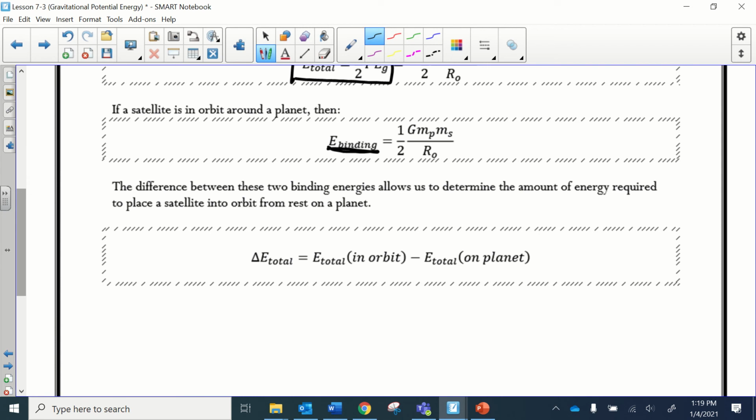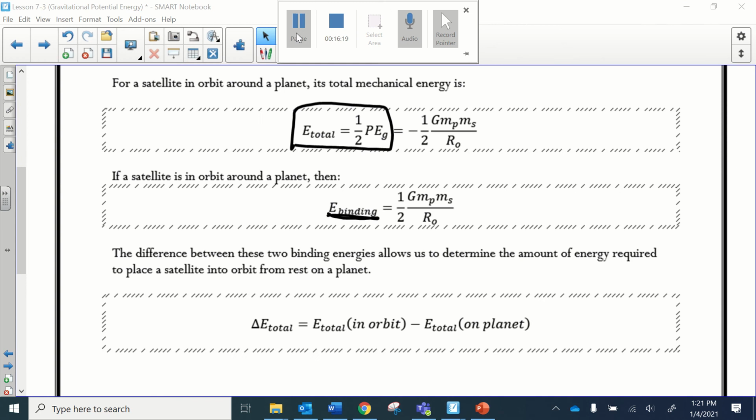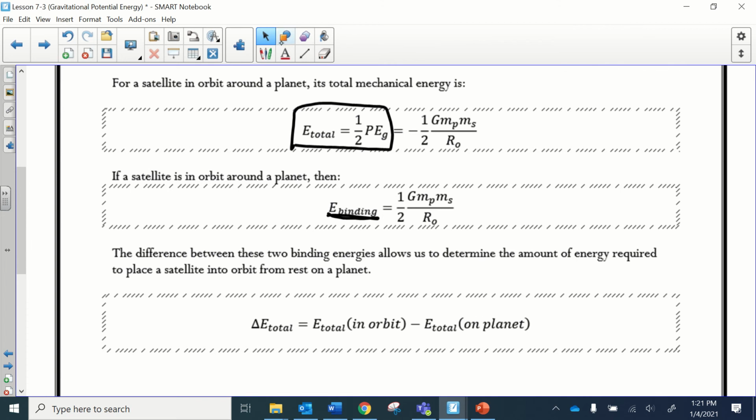So the difference between these two binding energies allows us to determine the amount of energy required to place a satellite into orbit from rest on a planet. Okay, I'm back. Sorry, I just had to check on something. It's important to note that this is talking about satellites that are in orbit. The fact that it's in orbit is very important.